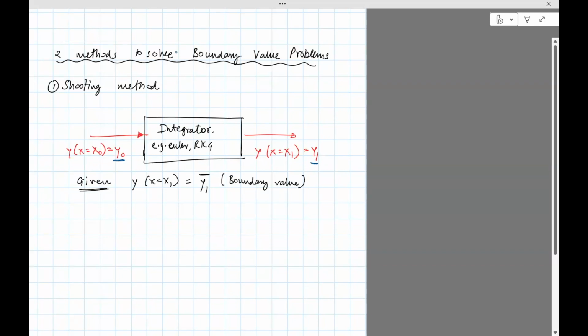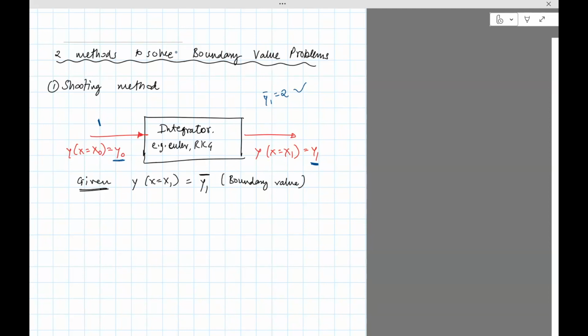Then we ask, okay, what if we supply something slightly more than y0? What comes out? We look at the output and keep guessing what y0 would be so that y1 equals y1 bar. So an example would be, let's say that this was given to be 2. This is the value we desire.